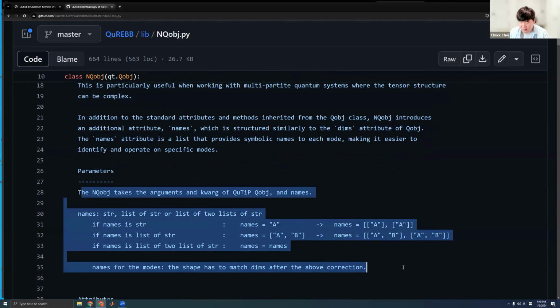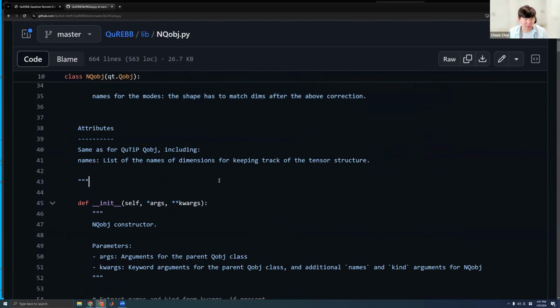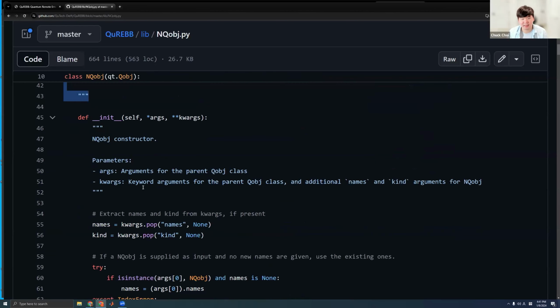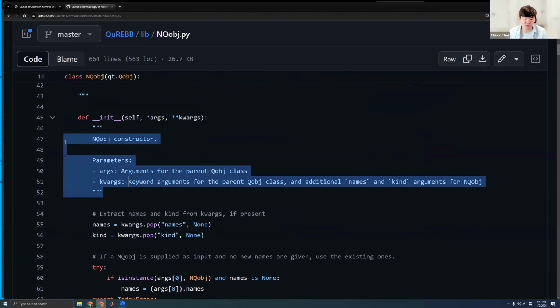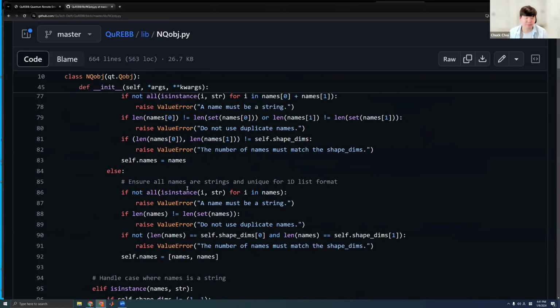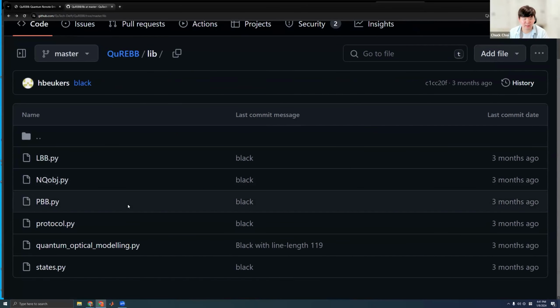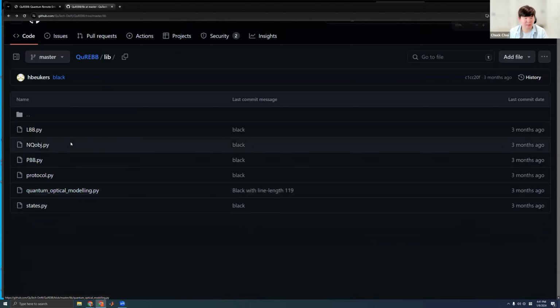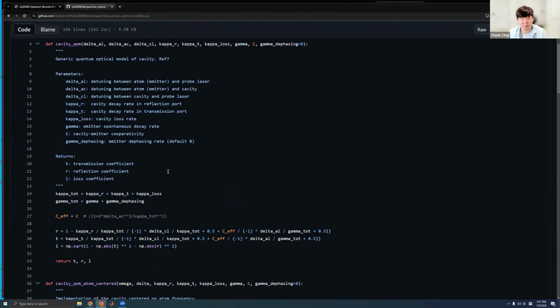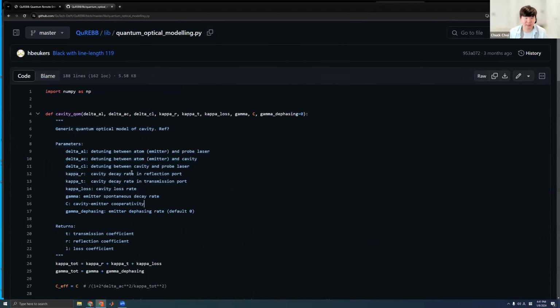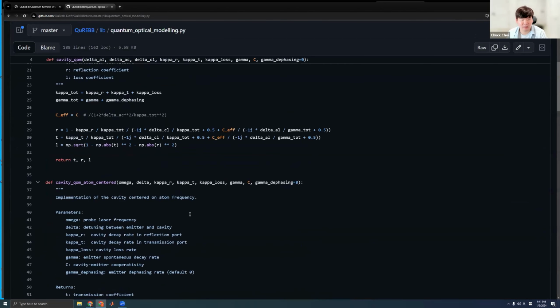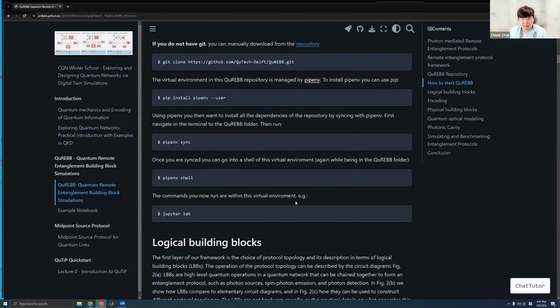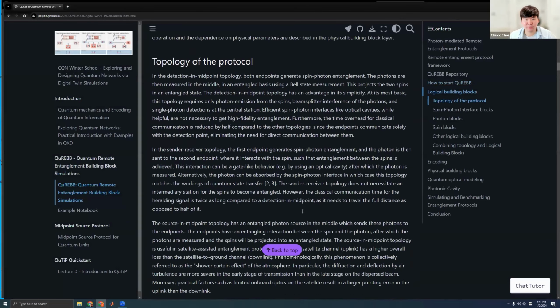We really worked hard on explaining the code to people. So please feel free to take a look at the base code in the lib folder, for tuning it for your own purpose. For example, if you look at the quantum optical modeling layer, we made all the details about the parameters. So let's go back to our framework.